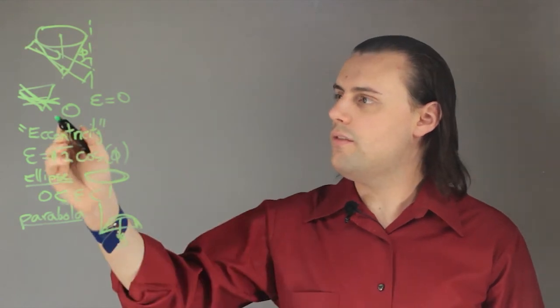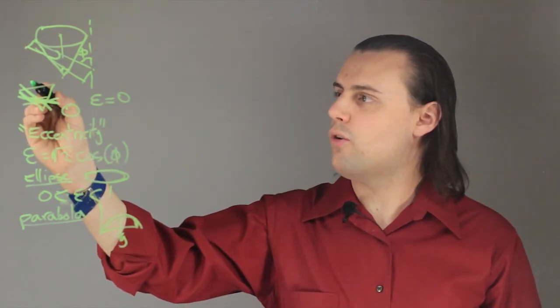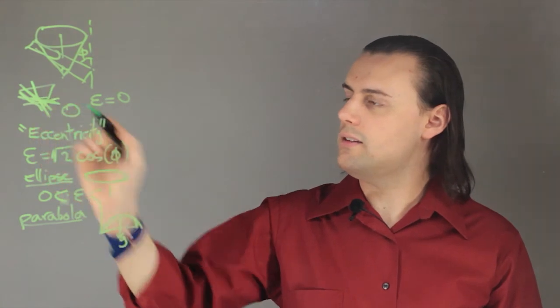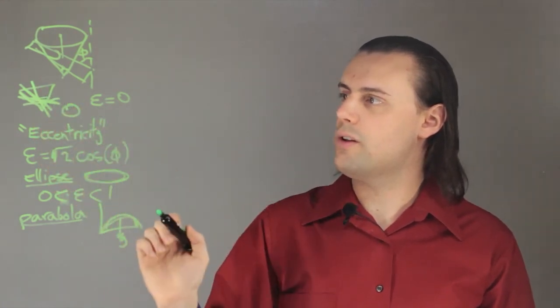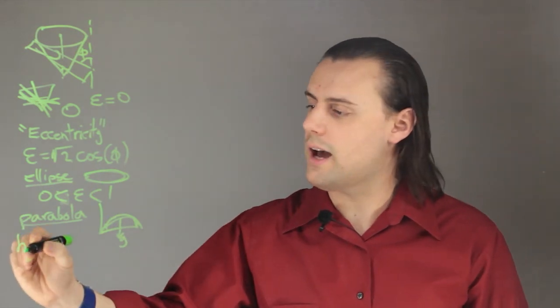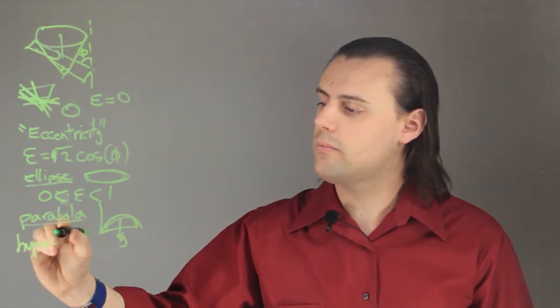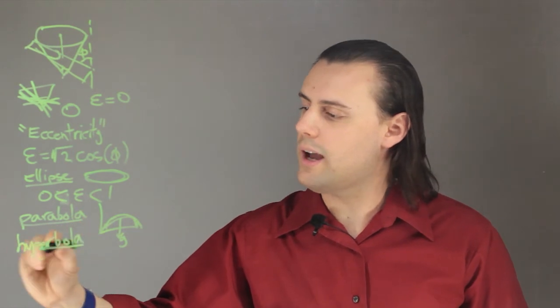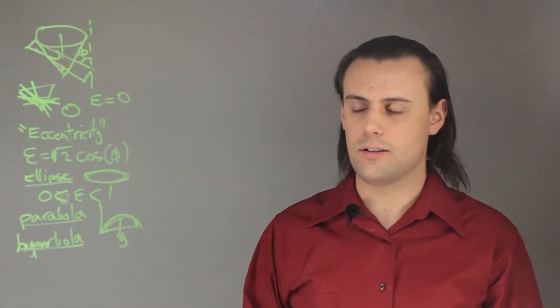Finally, if the cutting plane forms an angle that is between 0 and 45 degrees, then the resulting curve is called a hyperbola. And we see hyperbolas in scattering experiments.